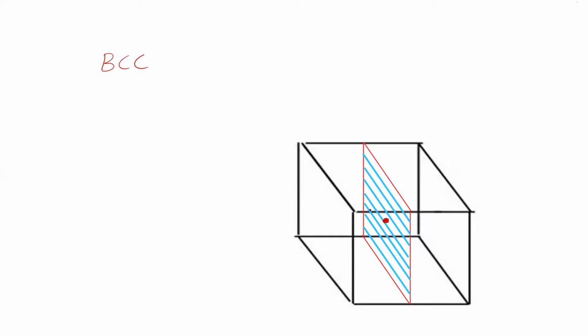For this plane, we will see the intercepts: in the x-axis a by 2, in the y-axis b by 2, and in the z-axis parallel to the z-axis, so infinity c. And it is also parallel to the y-axis, therefore infinity b.